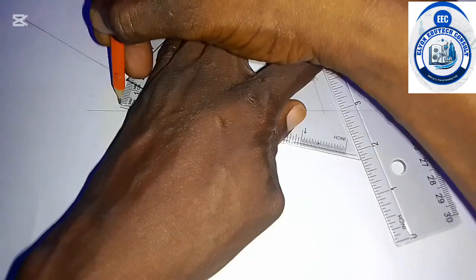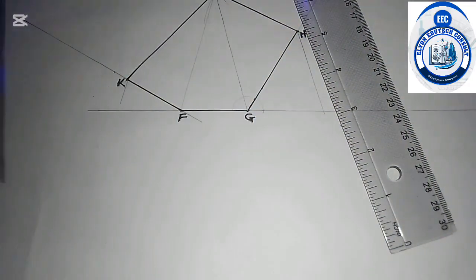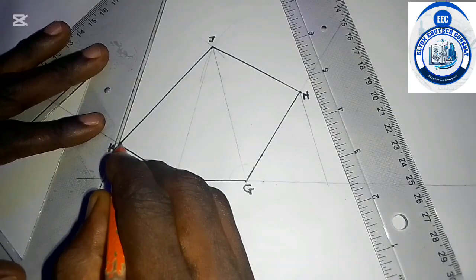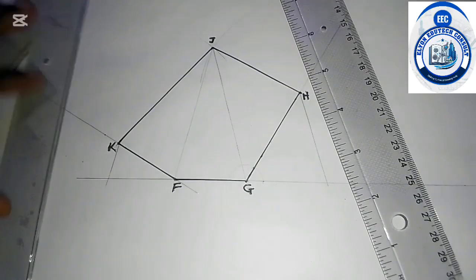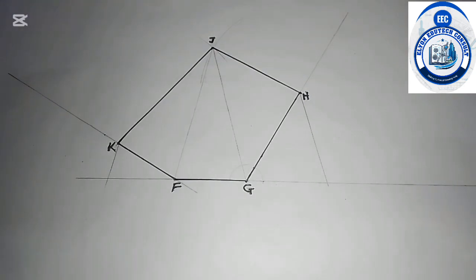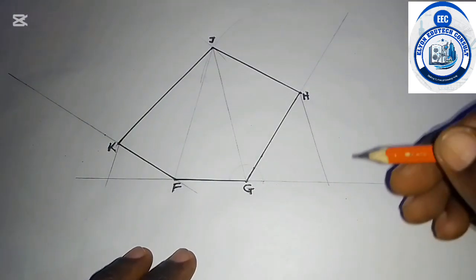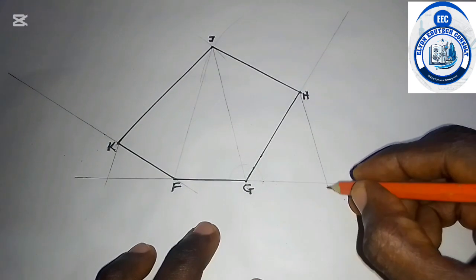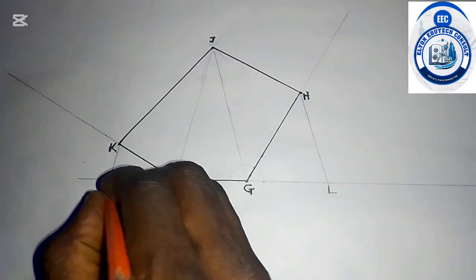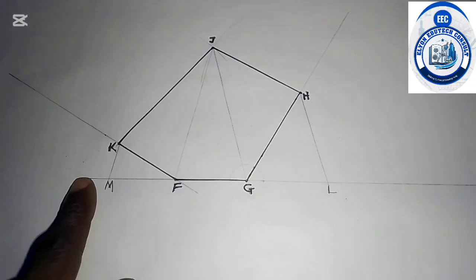Let me drop it further this way. So we can call this L. Let's say this side is our L, while this side is our M, where it touches this part.